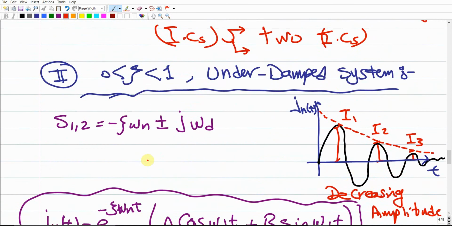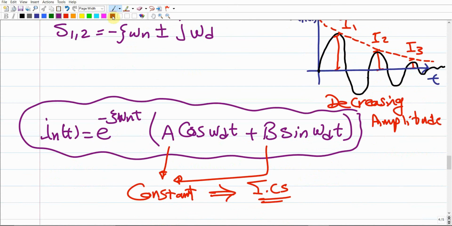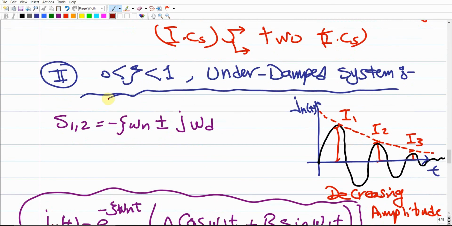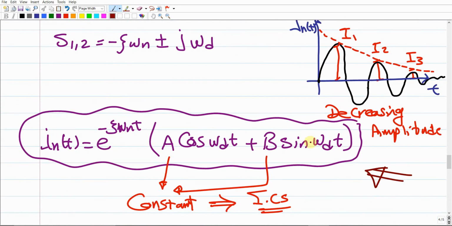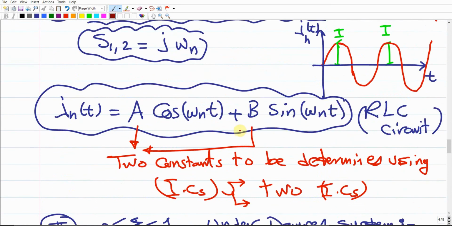The most important case that we're going to consider all the time in many cases is this one, the under damped condition. So that's why it is highly important to memorize this expression for the case that xi is between 0 and 1. For the case that xi equals 0, simply if you plug xi equals 0 into this expression, you're going to end up with this solution for the homogeneous.